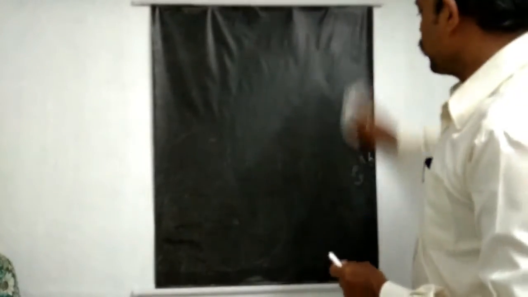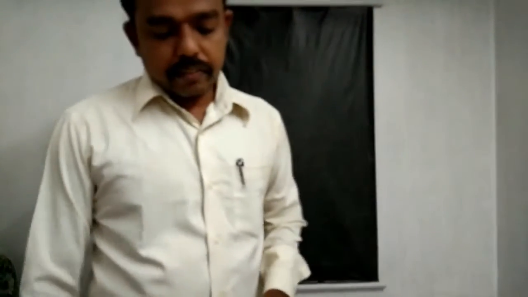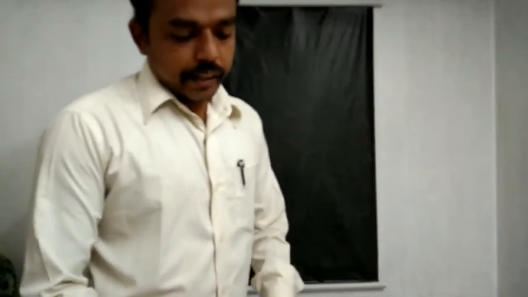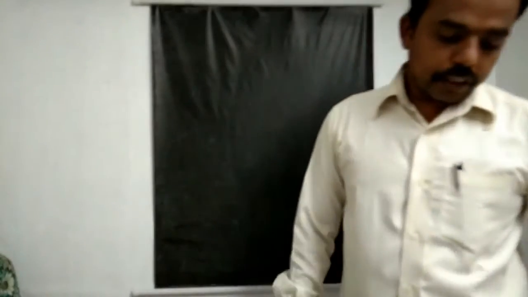Our first problem: given the following data, age 5 to 15, 15 to 25, 25 to 35, and so on, and the number of patients 6, 11, 21, 23 and so on. The question is to find the mode and the mean of the data.